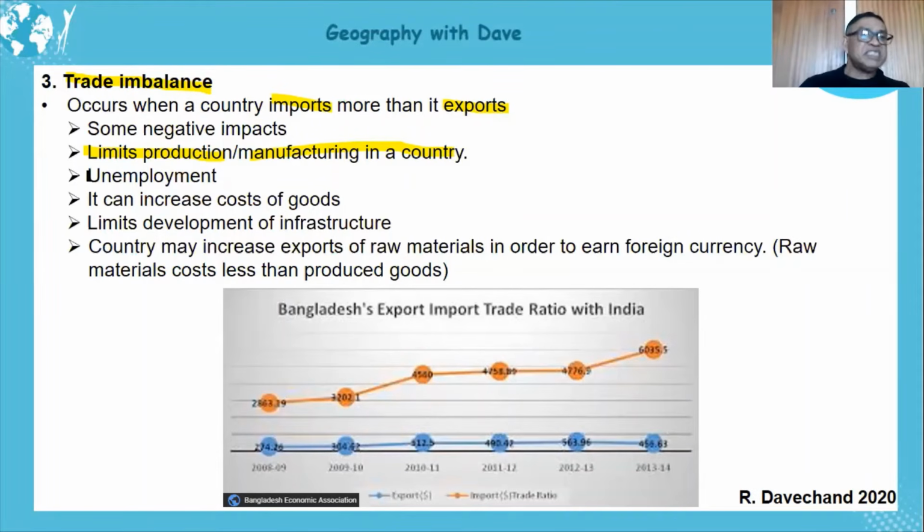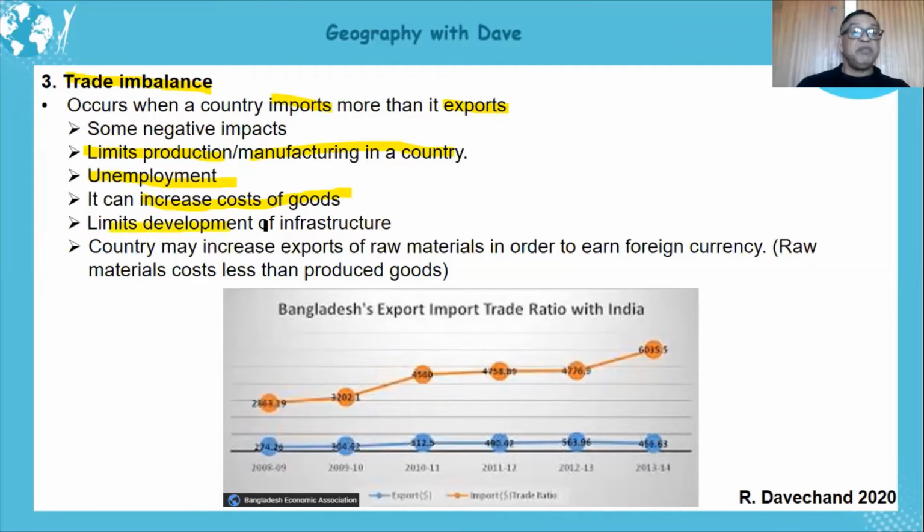And if there's less production, obviously unemployment will be higher. And not always, sometimes you have cheaper Chinese imports, but generally in many cases, the cost of items becomes more expensive when you're importing more.